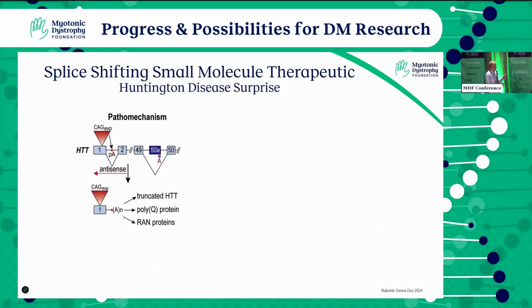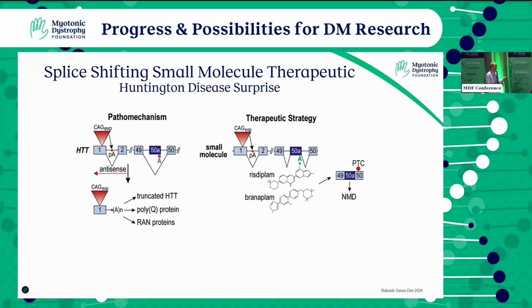So just one very quick surprise is that, again, with small molecules, and I think Darren may talk about this a little bit later, this was discovered in CAG repeats for Huntington's disease. And this has a really interesting property, is that there are two small molecules. Risdiplam is now on the market for treatment of SMA. It has been in the market for several years and certainly been in clinical trials for a number of years.